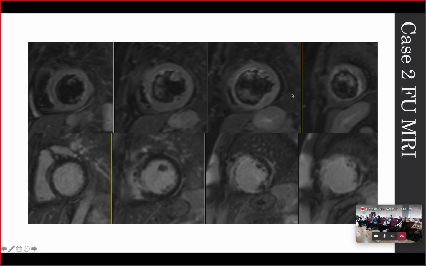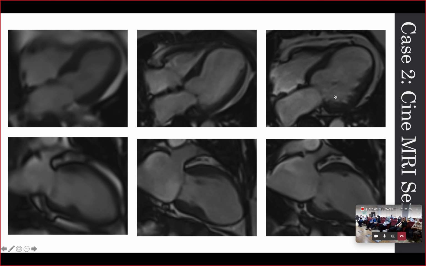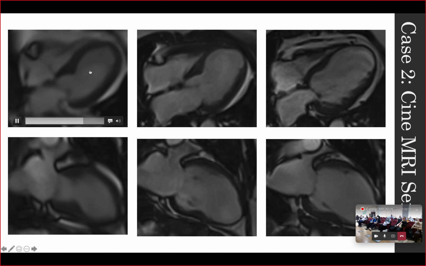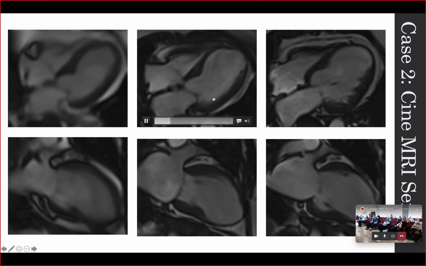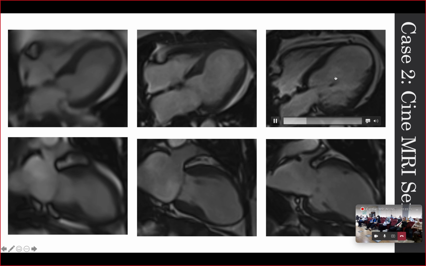This is the follow-up of the same patient. Edema resolved. That was 6 months after the first MRI. As you may see here, the area that showed transmural infarction is now thinned out, and remodeling in this patient started. This is his first MRI post-infarction on the left side, in the middle after 6 months, and then after 18 months on the right side.